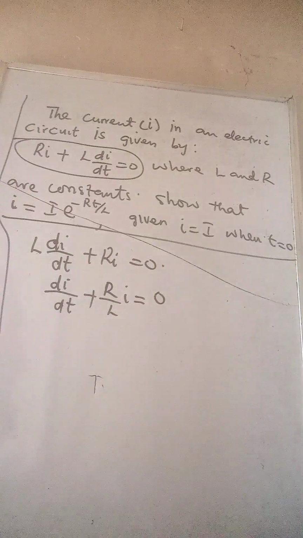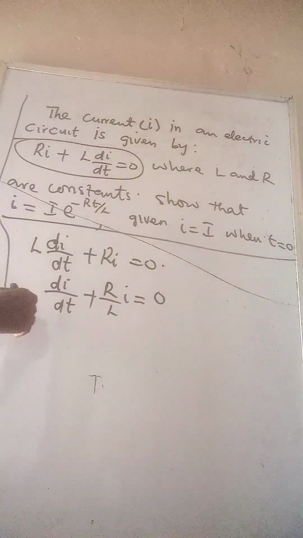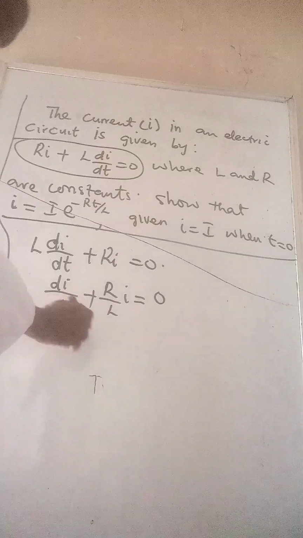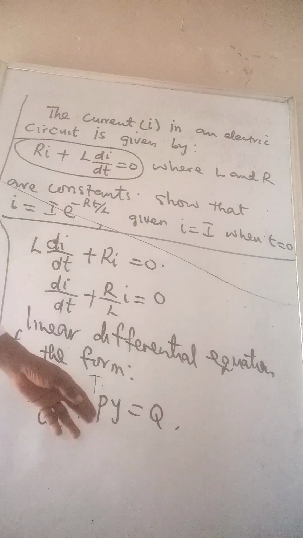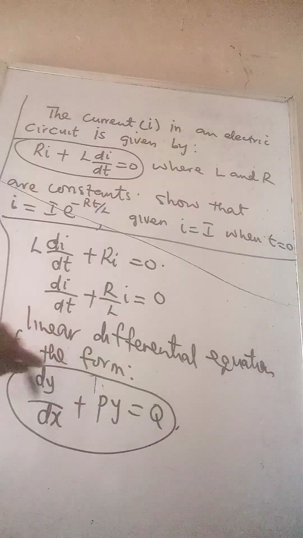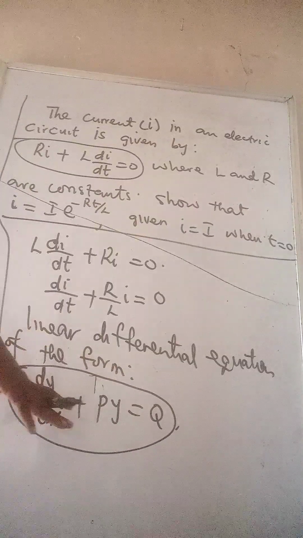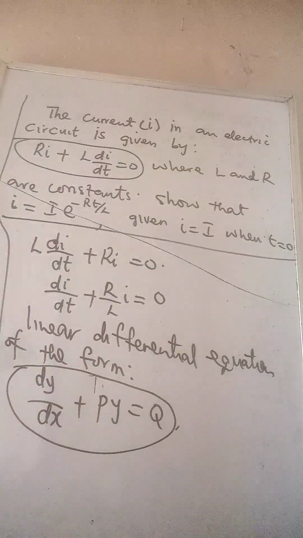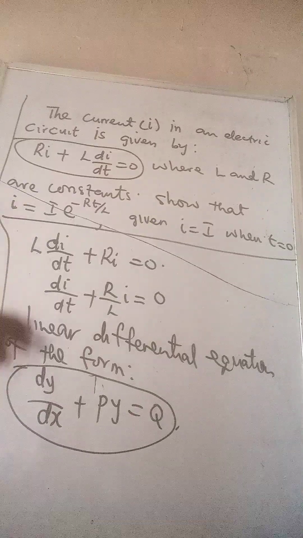Now, this is a linear differential equation. This is the general format for a linear differential equation: dy/dx plus Py equals Q. By the time you compare this format, any differential equation that is of this type, we call it a linear differential equation. dy/dx can be likened to di/dt.